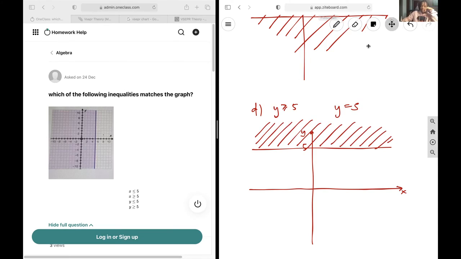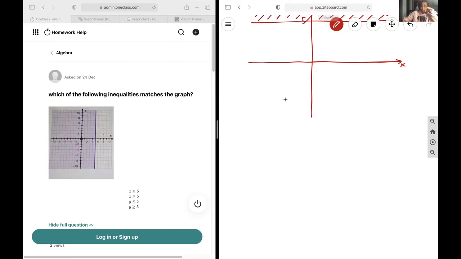Just as an extra example, if the inequality doesn't include the equal sign, so take y is less than 3, then again, you start with y is equal to 3, but you make the note that in your inequality, y is not equal to 3.